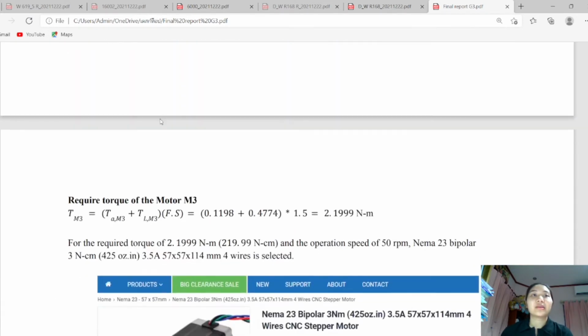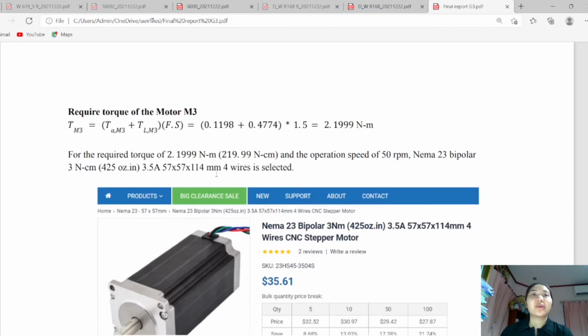And we got torque acceleration as 0.1198 and load torque is 0.4774, and the same factor of safety 1.5, and we got required torque 2.1999 Newton meter.